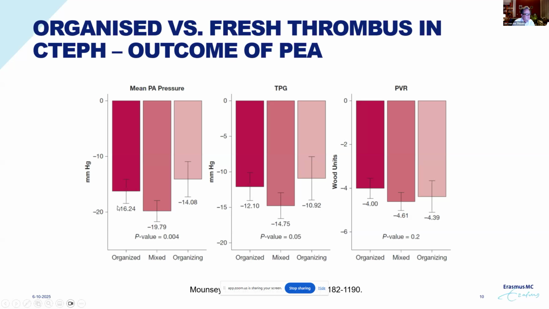This is also a study which shows something similar, but then in a slightly different composition. So we have the organized thrombi, which respond with a decrease in pulmonary arterial pressure after PEA, but it's particularly the mixed type of thrombi which seem to have the most benefit, also in terms of transpulmonary gradient and pulmonary vascular resistance.